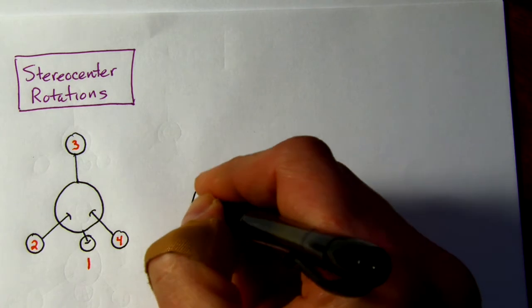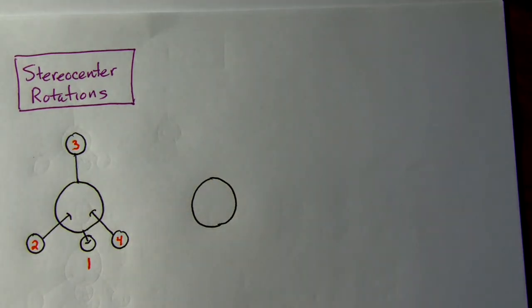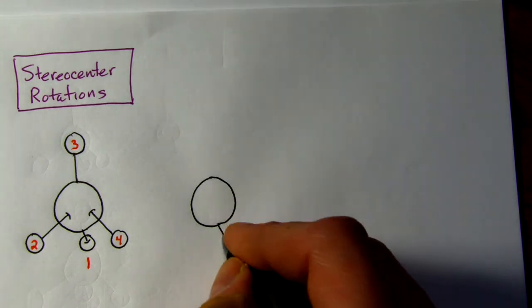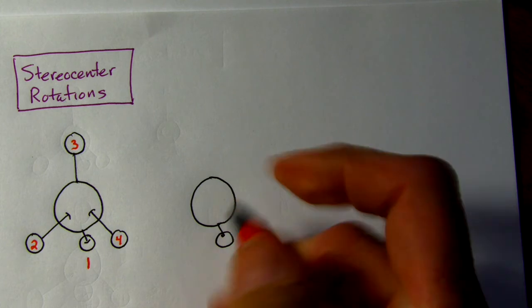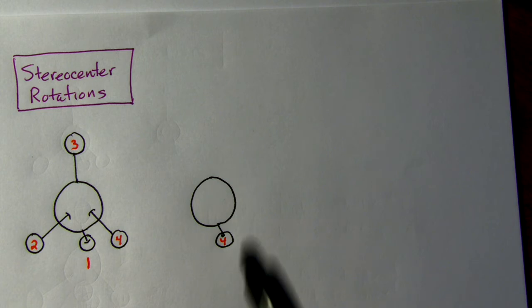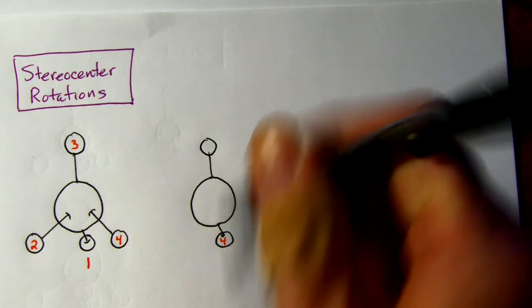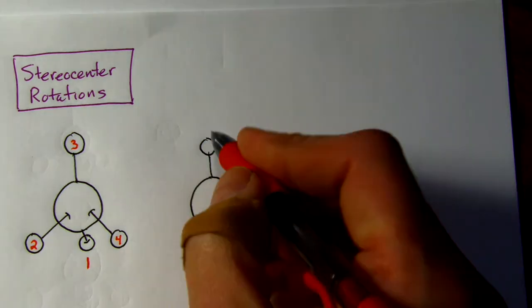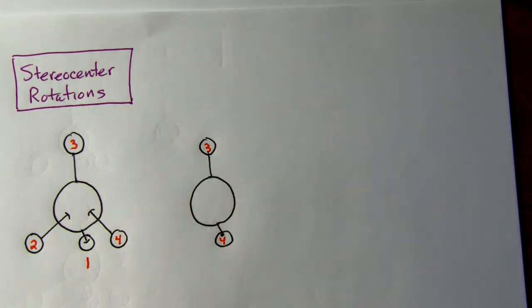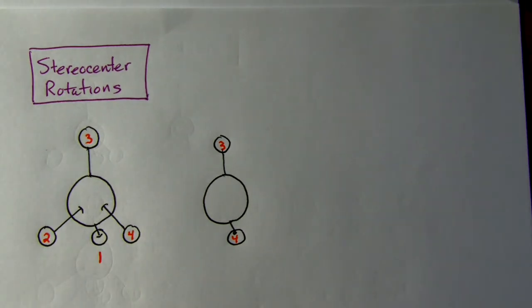So let's take this. We'll draw another central carbon here. And let's just assume that we drew the 4 in the back here. And I think we can fit that in. Okay. And the 3 stays on top. So the 3 would stay up here. Okay. And really all we did was took this structure and we rotated it about a central axis.